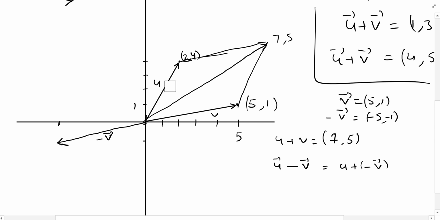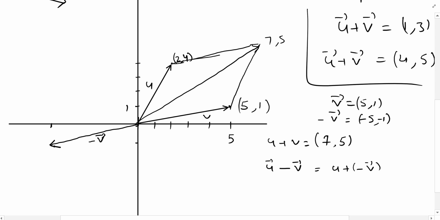If you add minus v to u, what would we get as a resultant? u and minus v. So the sum of u and minus v is going to be a diagonal of this parallelogram. So we complete a parallelogram, and its diagonal will be right there. Right? That's what we learned. We learned that the sum of any two vectors is going to be a diagonal geometrically.